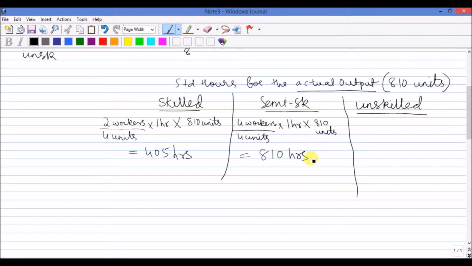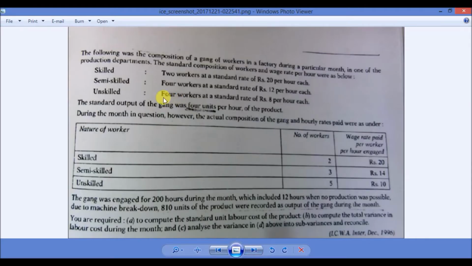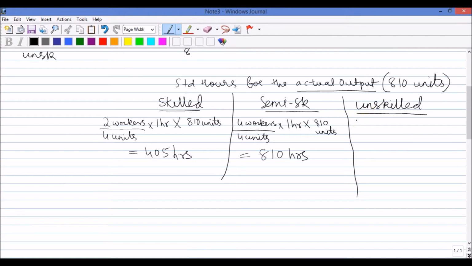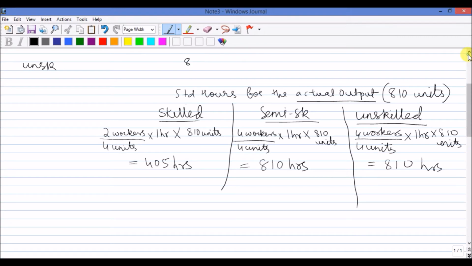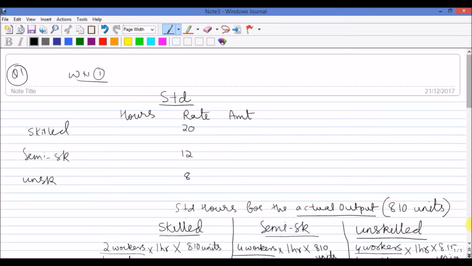Then the next part is 4 workers again, same, and it is also going to come to 810 hours. So a very difficult part, we have done it in a simpler way.